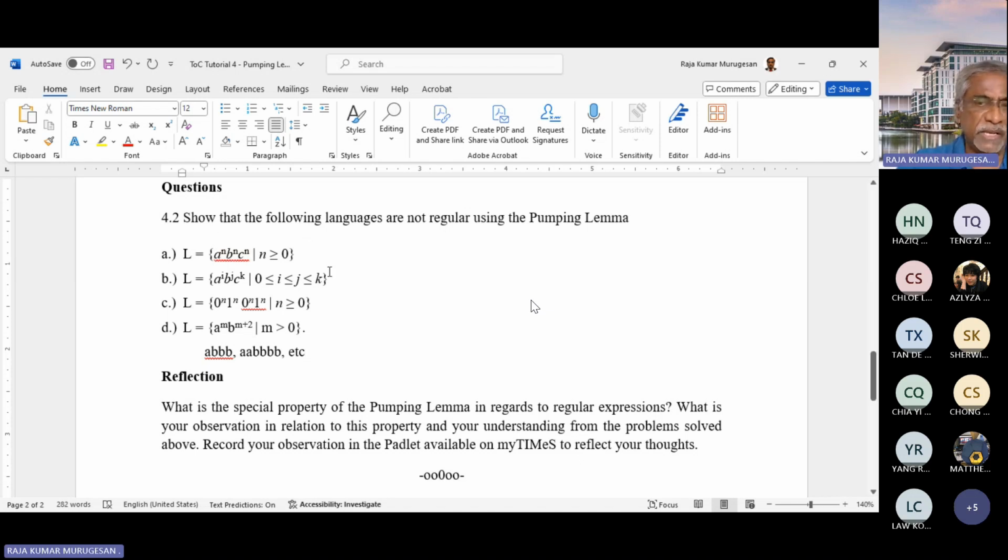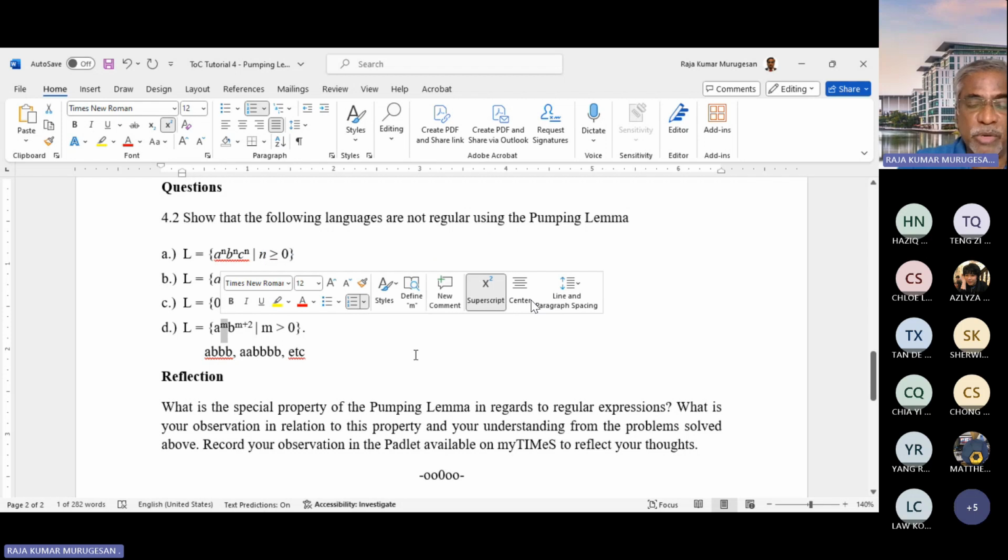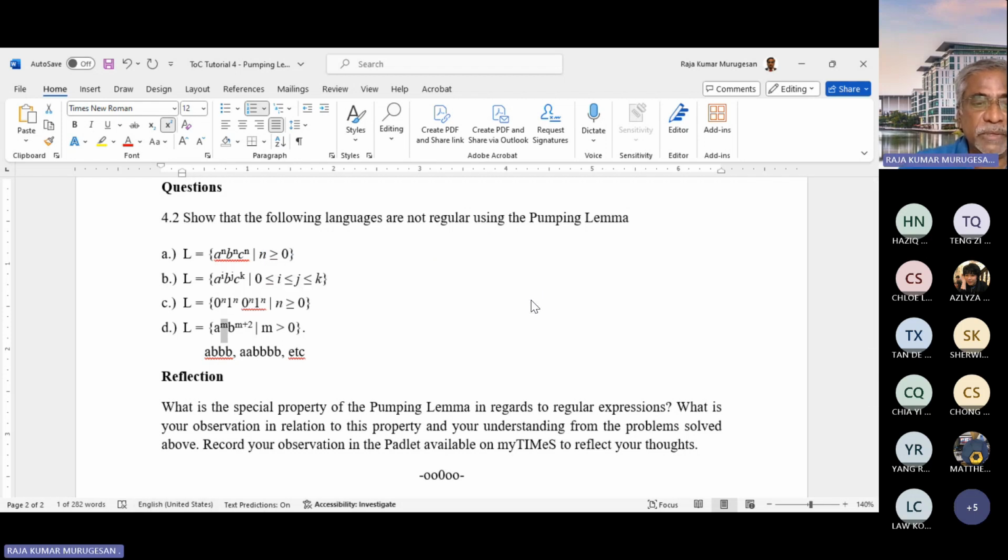All these languages are, to me, not regular because you will be splitting your xy here. Here also you will be splitting the xy here. So when you split the xy here or here or here, the original property of the language will be lost. So it will definitely be not regular.